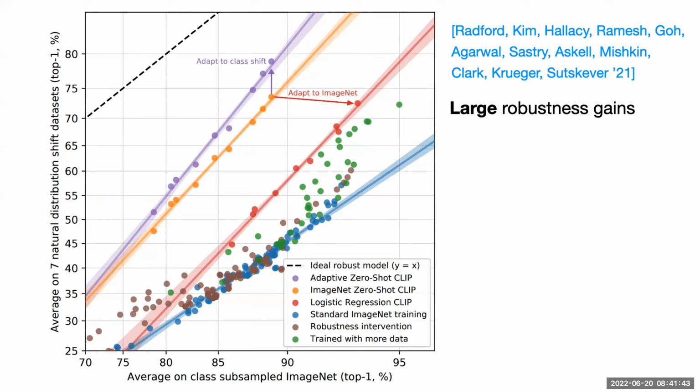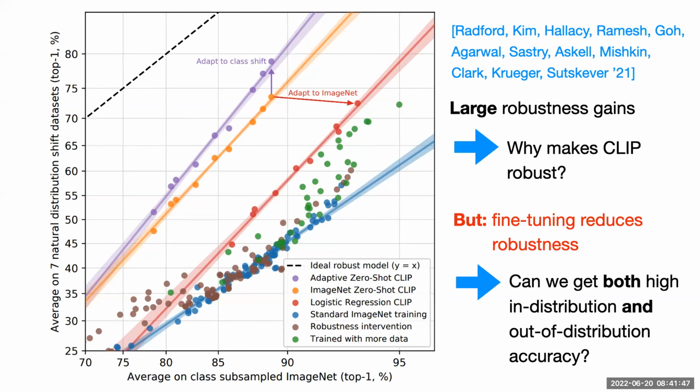And this raised many interesting questions. One of them is just what makes CLIP so robust? And then the other, can you improve fine-tuning? Because there's a catch in all of this. The orange line that is really, really robust is when you evaluate CLIP without fine-tuning, so in the zero-shot manner. And if you actually fine-tune the CLIP models, then you make the model better on the in-distribution data.